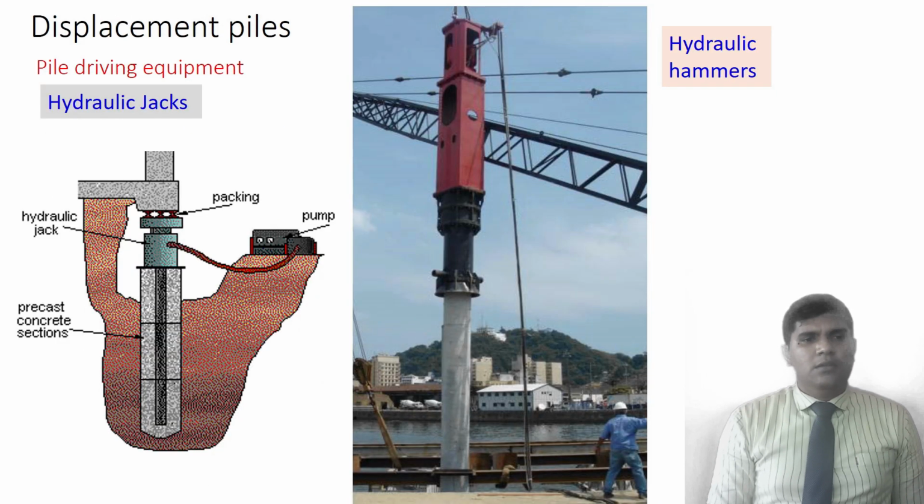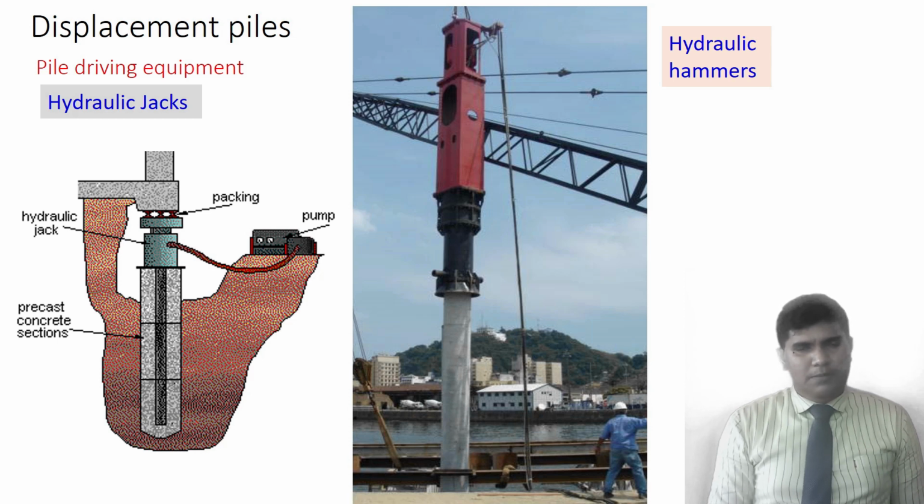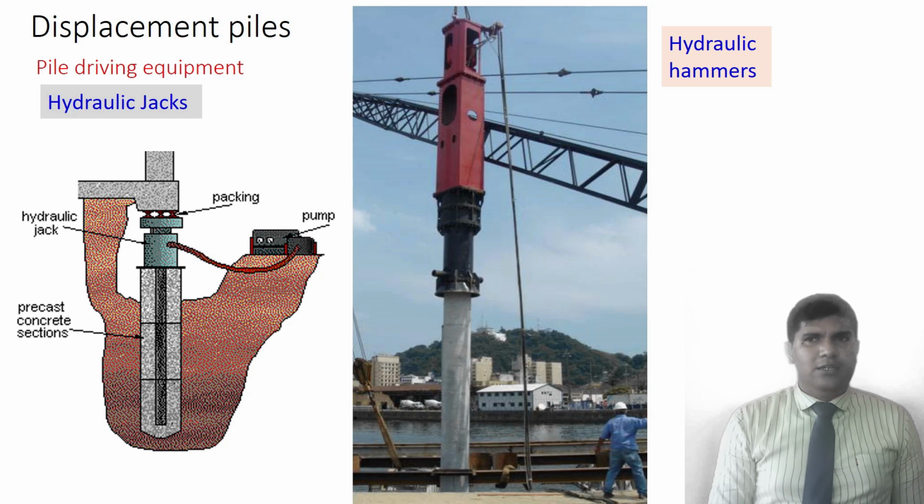In the non-displacement piles, we set out the pile locations, but in the displacement pile, as I told you, commonly we use the precast pile, maybe steel or concrete. In the precast pile we have to use some machinery and hydraulic hammers to lower the pile into the ground.